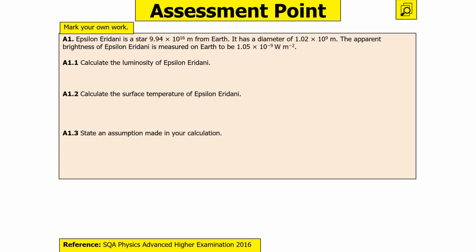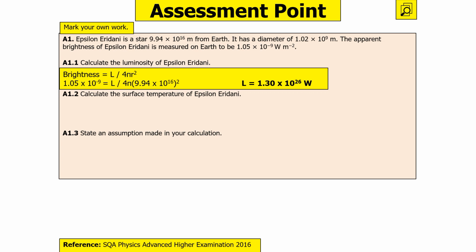Well, we're trying to work out the luminosity here, so we can use our inverse square law because we've been given the brightness. We know that brightness is equal to the luminosity over 4 pi r squared from the inverse square law. So we can rearrange that and work out the luminosity by popping in all the values. Remember that we can work out the value of r very carefully by looking at how far away it is from the Earth as shown there.